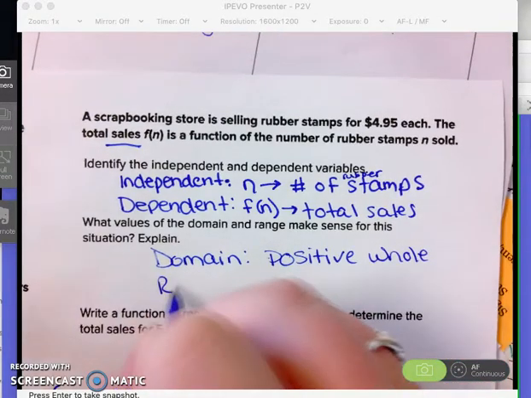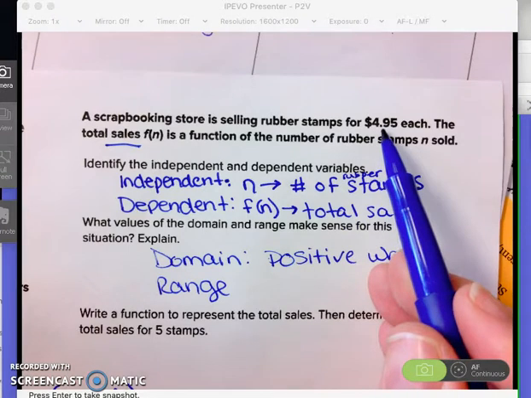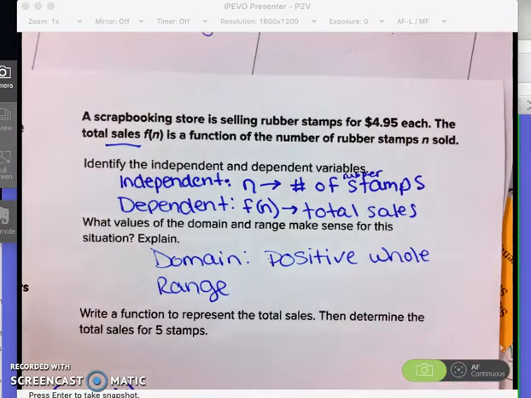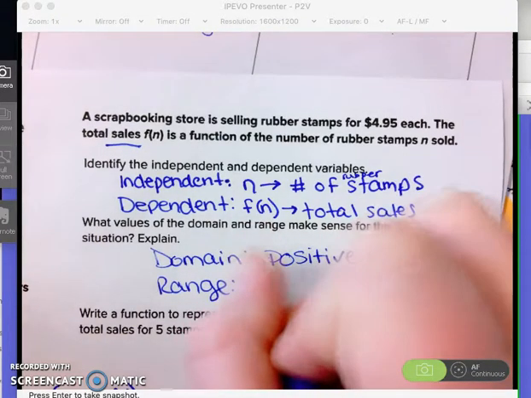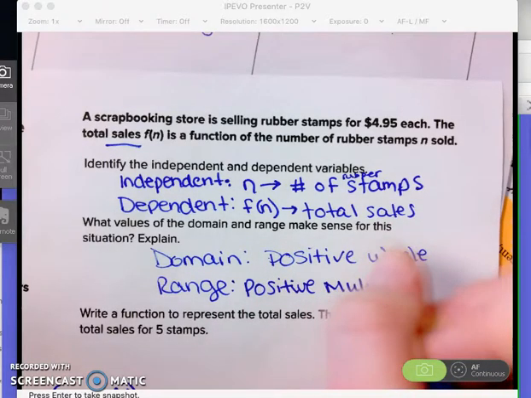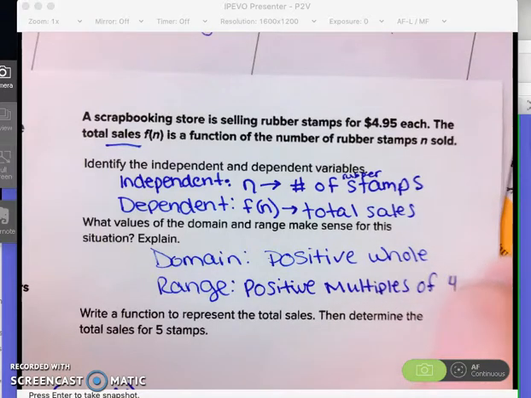And then that range, again, if I put a whole number into my equation, I multiply it by $4.95. $4.95 times 1, $4.95. What numbers am I going to get out? Well, I'm going to get positive multiples of 4.95.